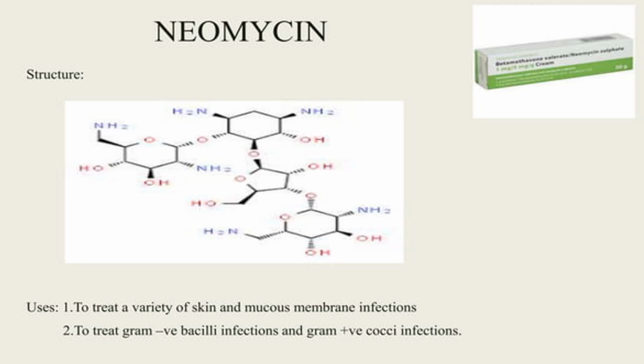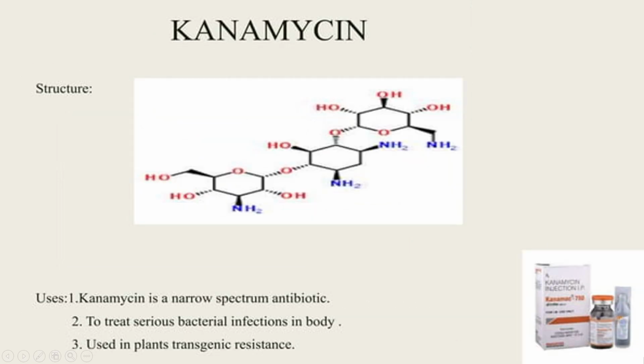No doubt, the aminoglycoside type of antibiotics are particularly used to treat the gram-negative type of bacteria, but through some structural changes, neomycin is used to treat the gram-positive cocci infections as well, and this is available in the form of cream in the market.